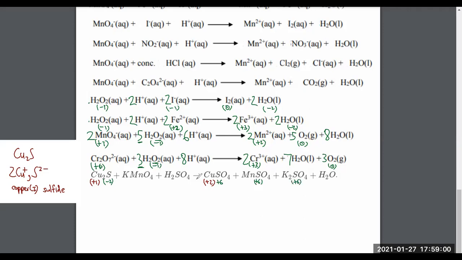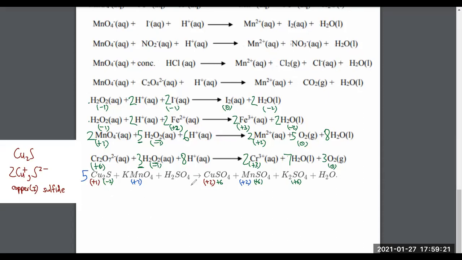So both copper and sulfur have got oxidized, whereas manganese from +7 as usual has gone to +2. So it has got reduced. Manganese from +7 to +2, difference is 5. We put that 5 here. All right. Now copper, careful.